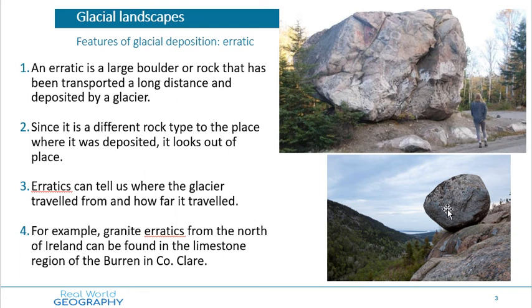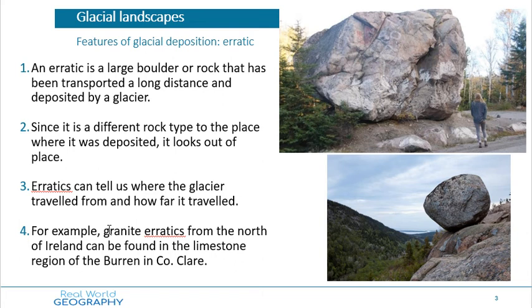Now, how did that get there? Well, it got there by glacial transportation. The glacier picked up that large boulder and brought it from one area, and then it was dropped or deposited in another area. An erratic can tell us how far a glacier has travelled. For example, granite erratics from Northern Ireland can be found in the limestone region of the Burren, County Clare.